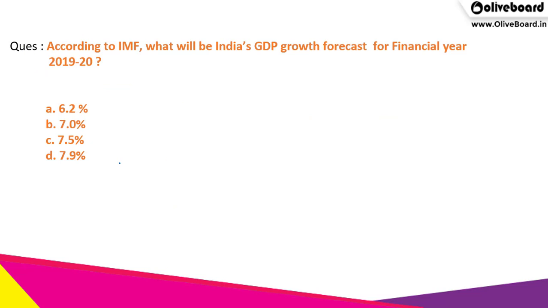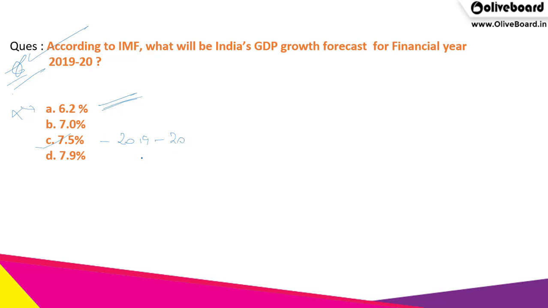And the second question, which is related to current affairs, which is in trend and which might be asked again, an important question. According to the IMF, what will be India's GDP growth forecast for financial year 2019-20? Is it 6.2%? No, this is for China. China's growth forecast. 7.0? No. The answer is 7.5% for 2019-20.